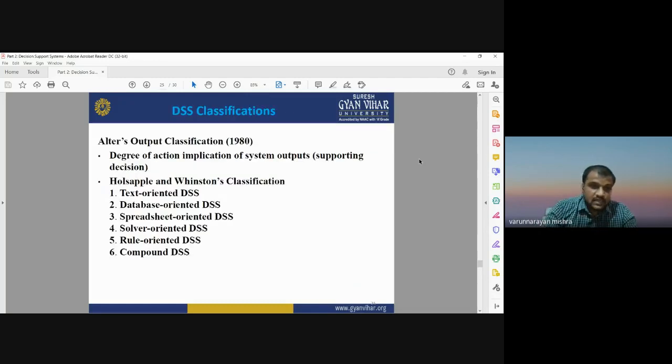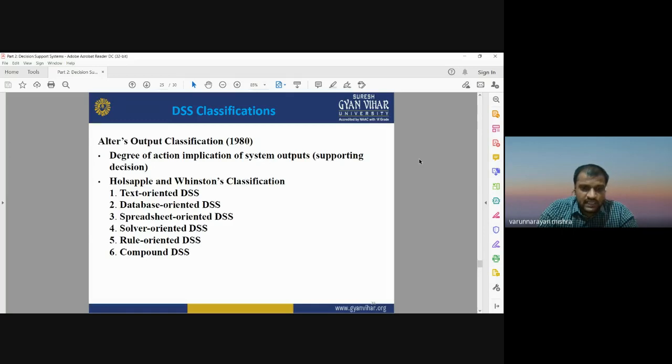So decision support system, DSS, may be classified into different types, different parts. Alter defined the classification system of a decision support system. It may be classified into text oriented DSS, database oriented DSS, spreadsheet oriented DSS, solver oriented DSS, rule oriented DSS, and compound DSS. We are not going into detail about all of these.